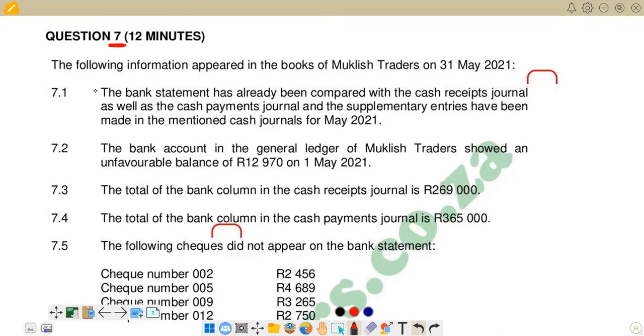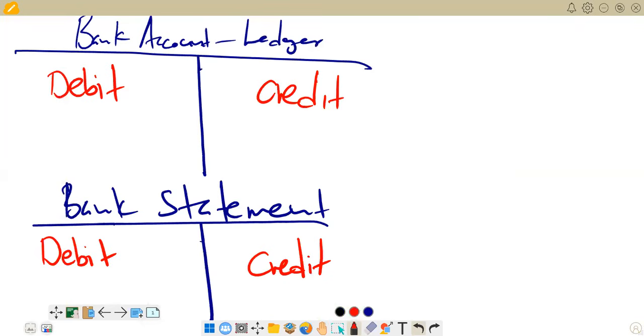Whenever money is deposited in our bank account, we debit it in our ledger, and then the bank will credit it in the bank statement. So in this scenario, we have a bank account in our ledger with the debit and credit side, and we also have the bank statement with the debit and credit.